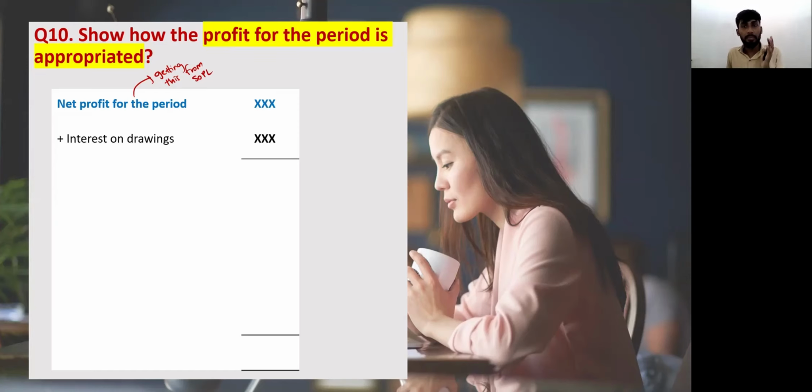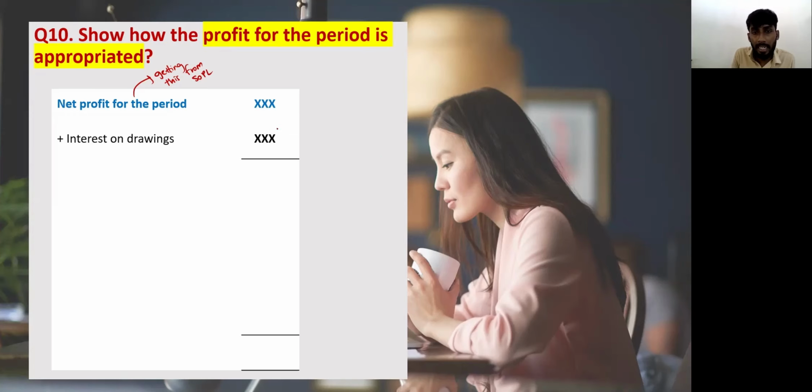In a partnership, to reduce these drawings, because there are 2 and more partners, no? Minimum 2. To reduce these drawings, in a partnership, interest can be charged. So that interest charged will be added to the net profit for the year.